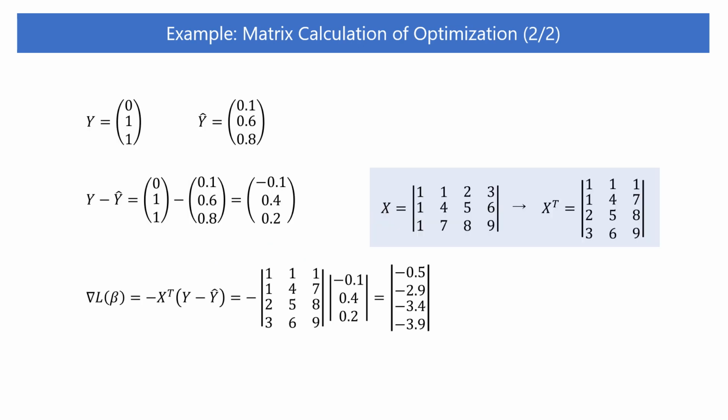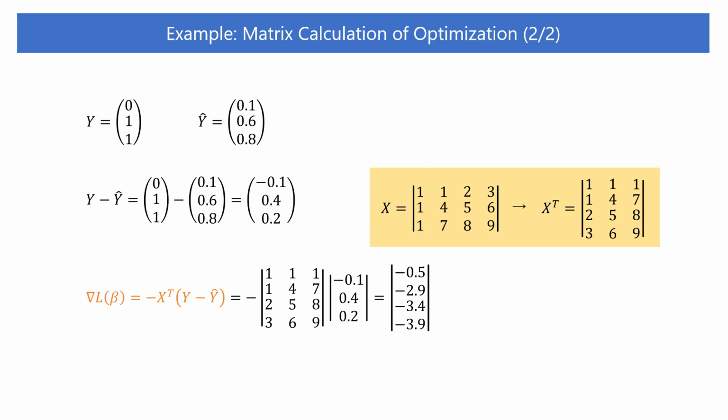In the following, we will use an example to illustrate the process of calculating the gradient of the loss function and updating the parameters based on this gradient. Suppose the actual label y and the predicted label y hat are represented by these vectors. The y hat represents the probability that each data point is positive. First, the prediction error is calculated by subtracting the predicted label from the actual label.